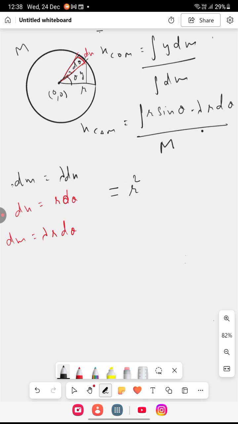R square lambda will be constant, and integral of sin theta d theta upon capital M, equal to r square lambda.